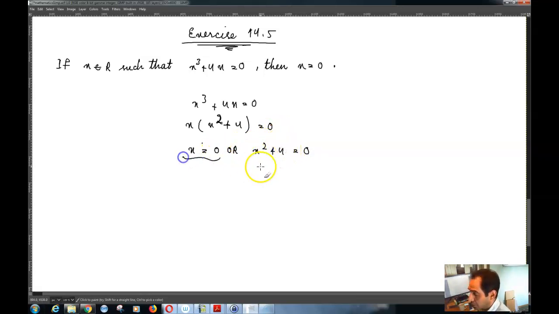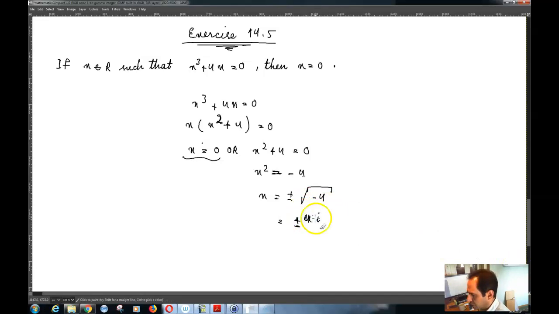So x is equal to 0 or x squared is equal to negative 4, which means x is equal to plus or minus 2i.